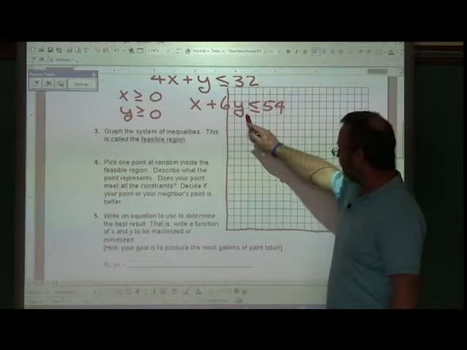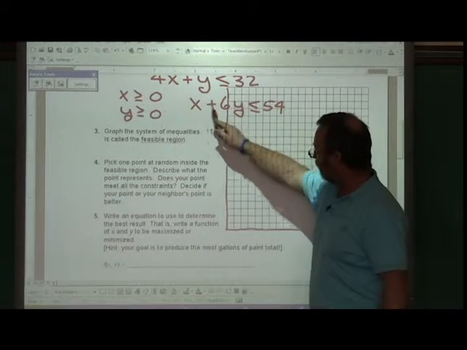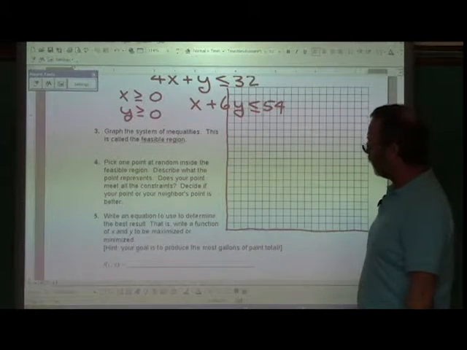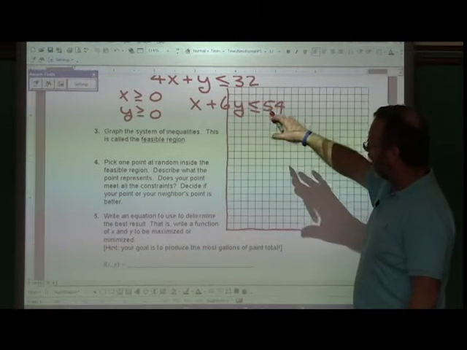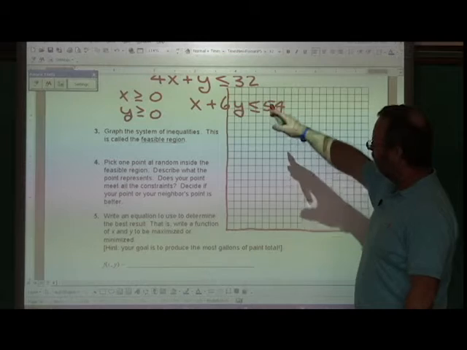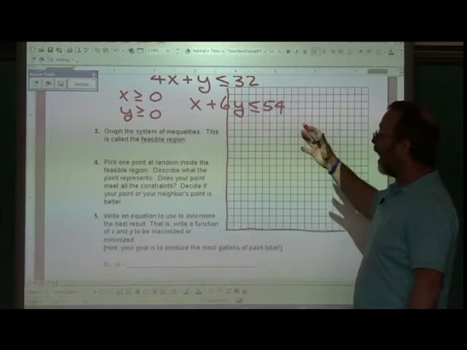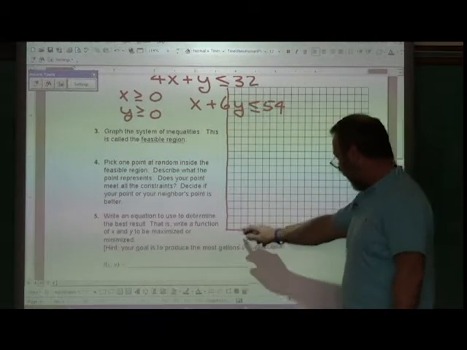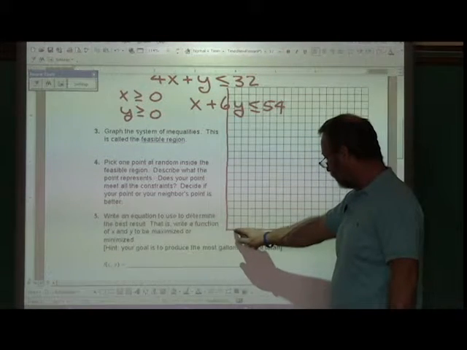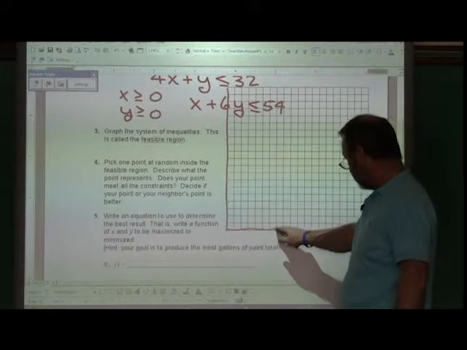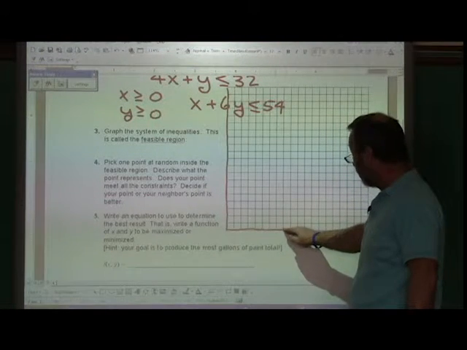And I think you can see that if, let's do the first one up here, if x is 0, y would have to be 32. If y is 0, x has to be 8. So let's use that. 1, 2, 3, 4, 5, 6, 7, 8.